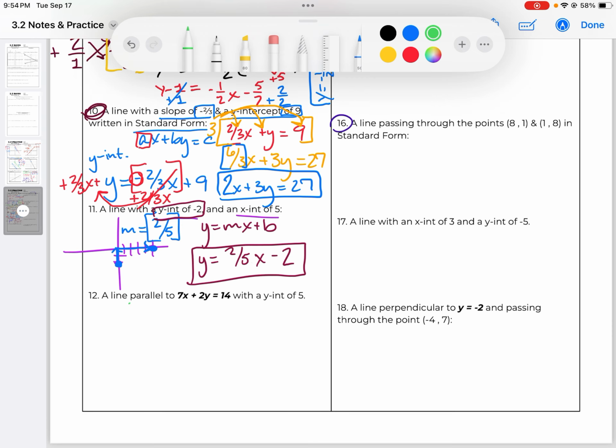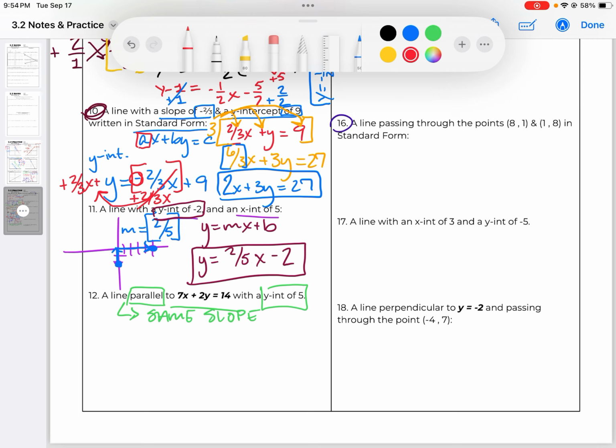For number 12, it says a line parallel to this line with a y-intercept of 5. So for two lines to be parallel, that means they have the same slope. But I currently don't know the slope.